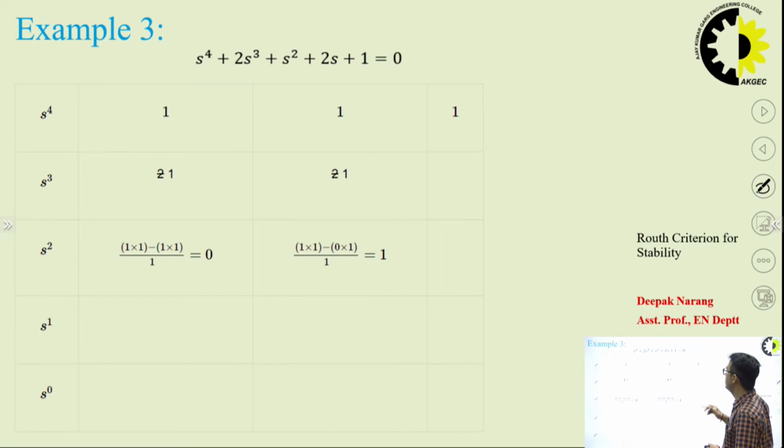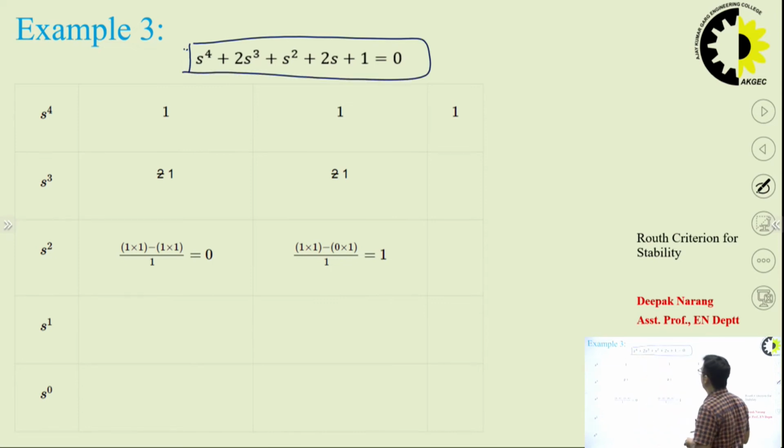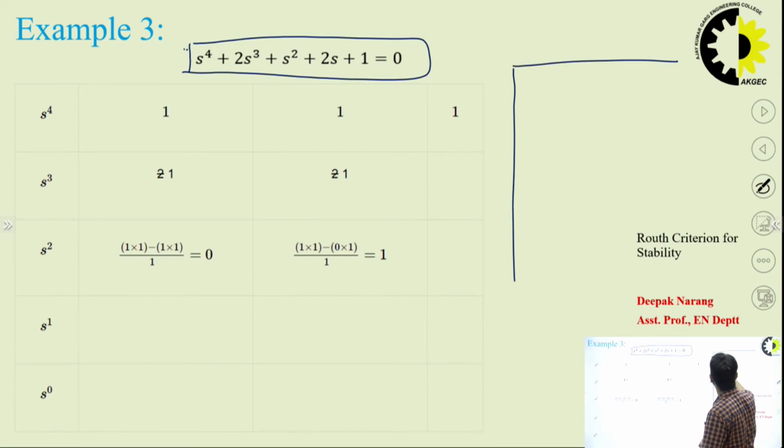So we can consider this example. Here, first of all, design the Routh array S4, S cube, S square, S1 and S naught.